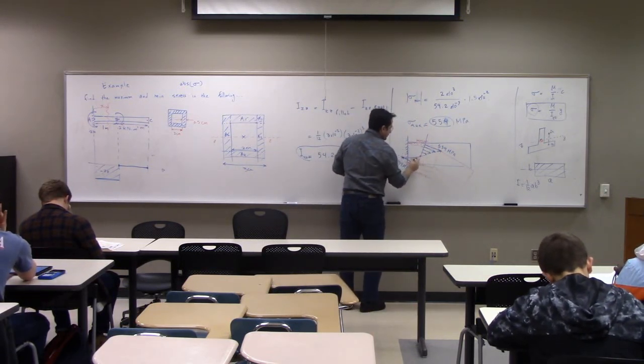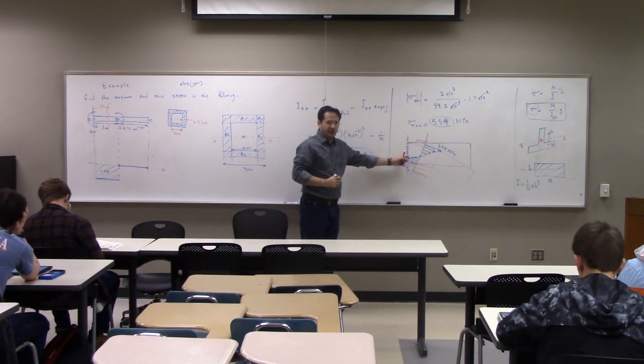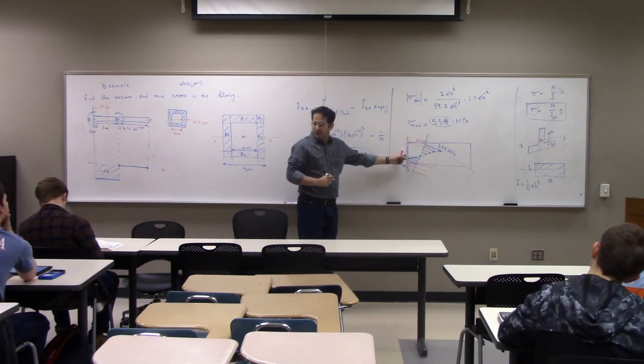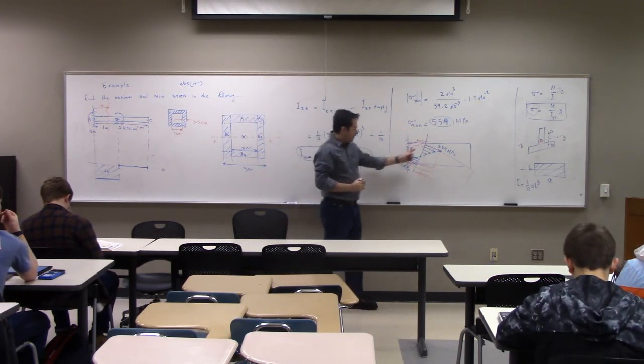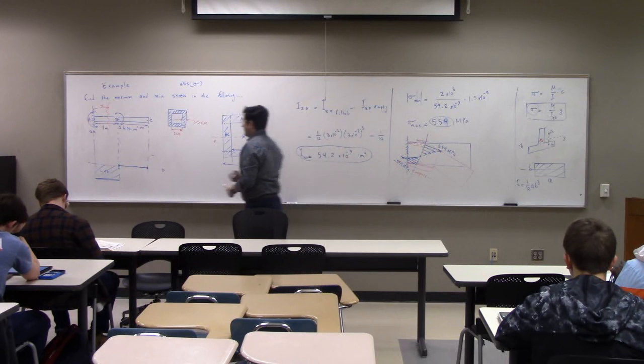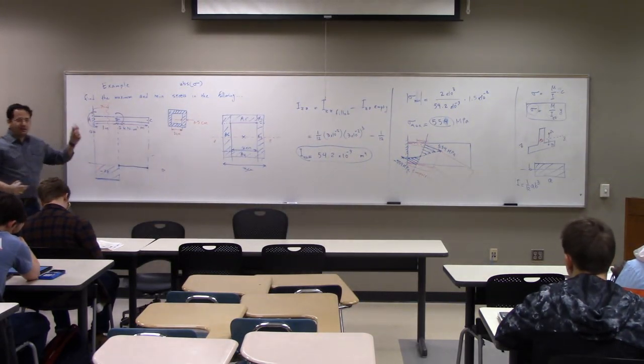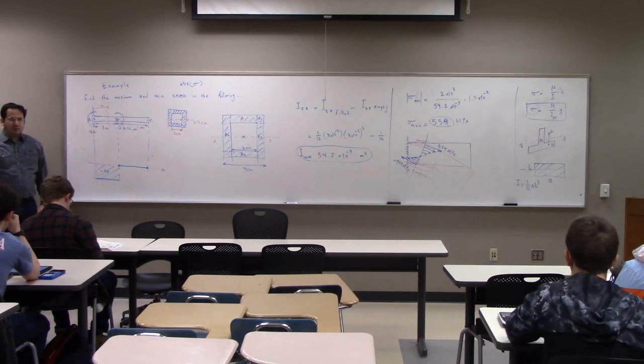So that becomes your cross section. This is called the cross section of the stress diagram. You see that? Now if I draw this cross section of the stress diagram in different cuts from here to here, what do I get? Exactly the same diagram.